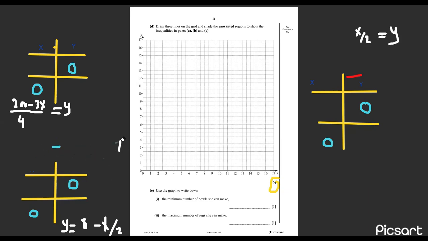Let's make x 0. So here we have x and here is y.